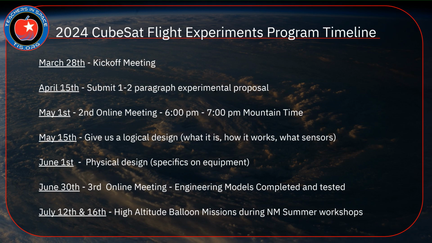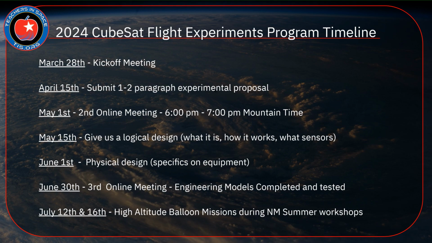So our next milestone was originally planned for May 15th. That would be a logical design of your experiment. So essentially, what it is, how it's going to work, and what sensors exactly you're planning on using. And then June 1st would be the next milestone after that, which would be a physical design, with more specifics on exactly which sensors you're using.